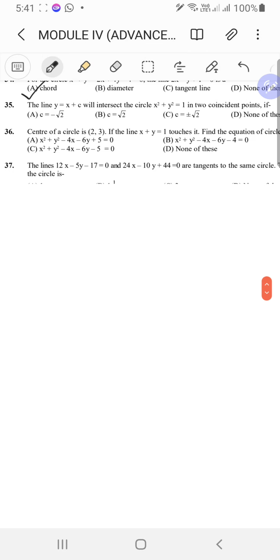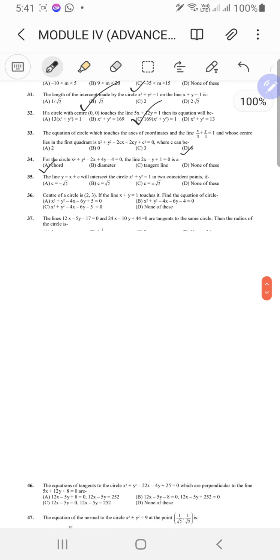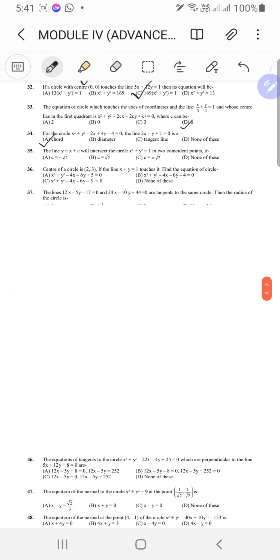Next question. The line y equal to x plus c will intersect the circle x squared plus y squared equal to 1 in 2 coincident points if... okay, so this will intersect the circle in 2 coincident points if... yeah, I guess it's the same thing once again.